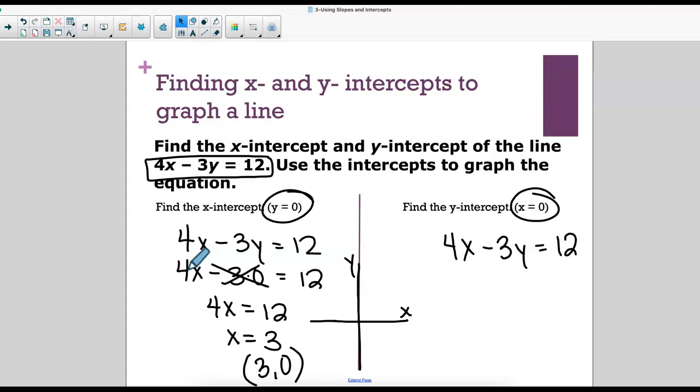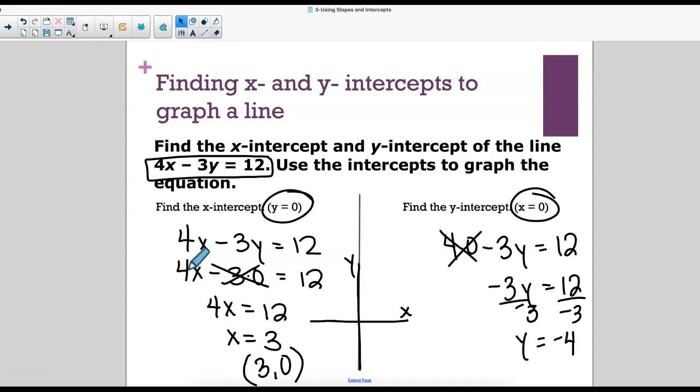If I put 0 in here, 4 times 0, that's gone. I have negative 3y equals 12. Divide by a negative 3. Y equals negative 4. That would be the point where x was 0, y was negative 4.